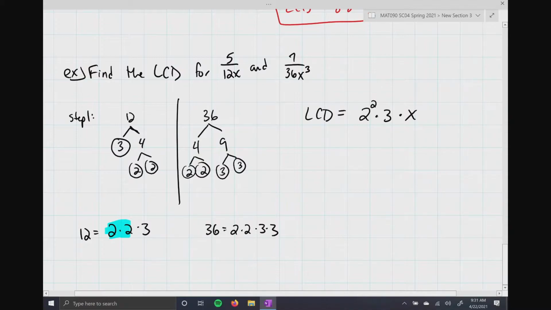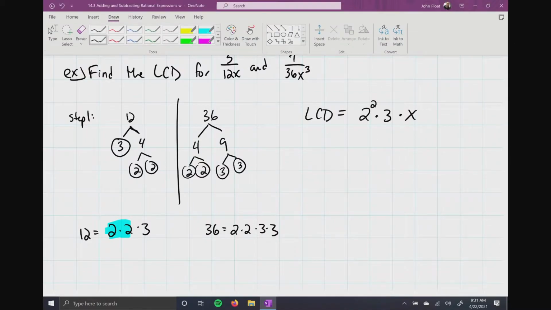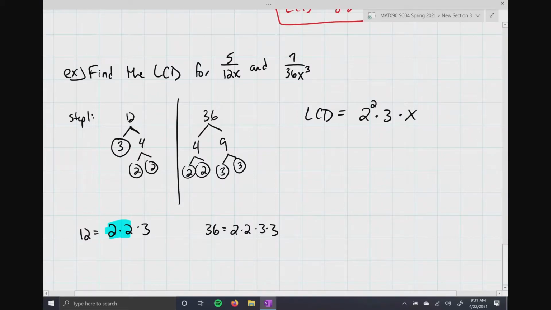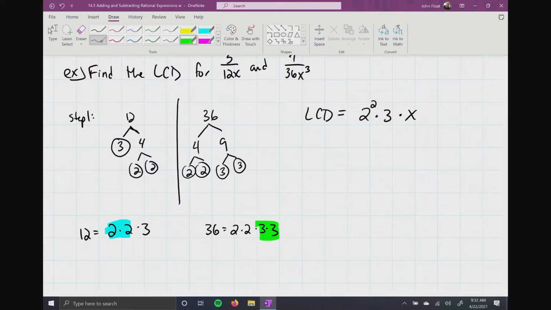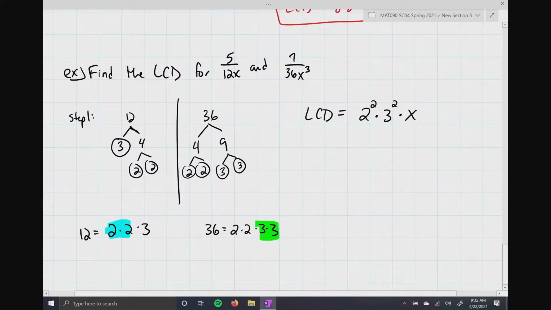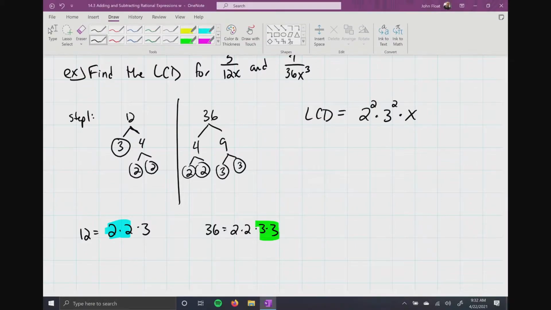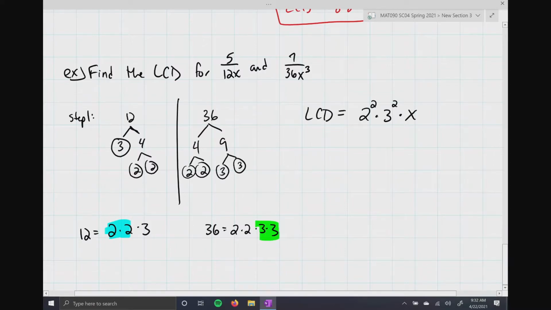Now we look at the number 3. The 3 appears in both the 12 and the 36. However, there's more in 36. In fact, there are 2 of them. So I put an exponent of 2 on the 3. Lastly, the x. If you look at the original problem, the x is in both denominators.